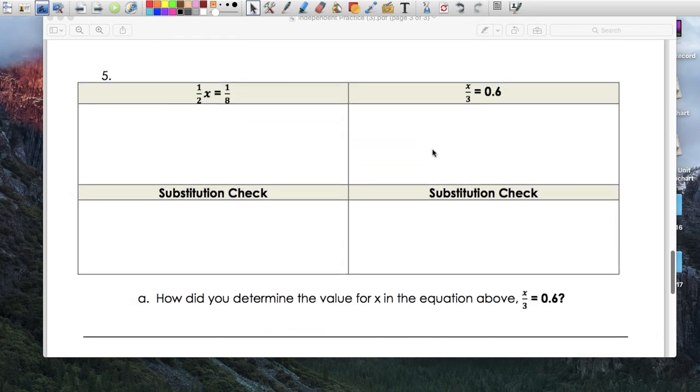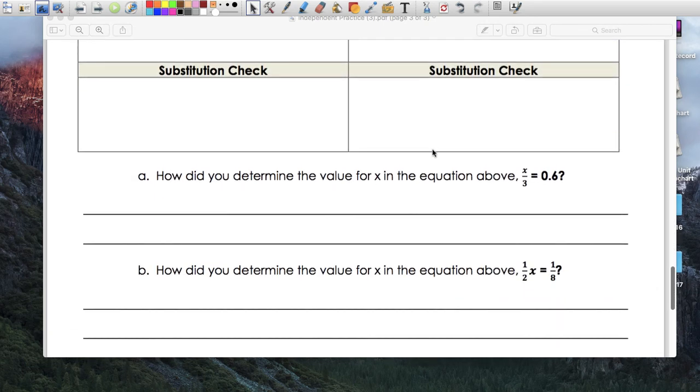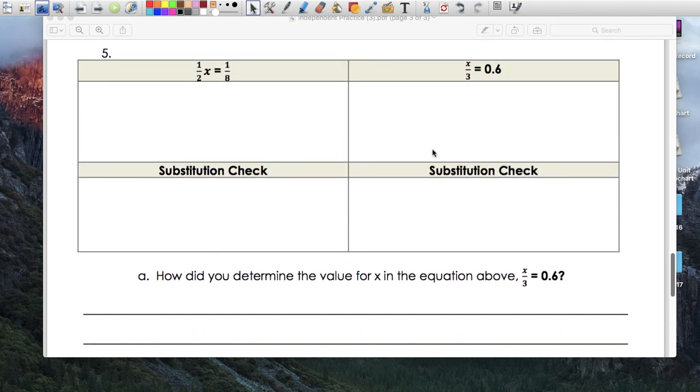Ooh, there's more. All right, so that says 1/2, and I'm going to write this like this. Something divided by 2 equals 1/8. I think it's easier if you see it this way, because if you're going to create fact families, this might be the better way to think of it.